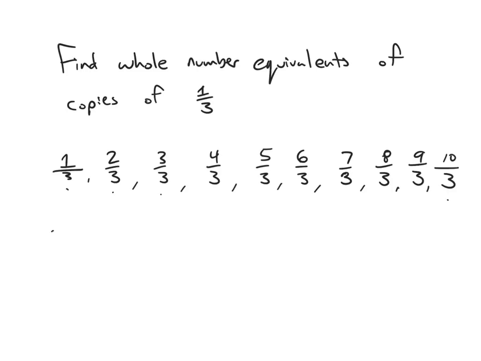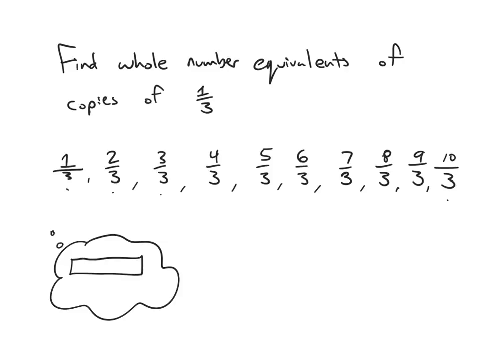So for example, in my head I'm thinking, how many thirds is going to equal 1 whole? I'm picturing a tape diagram in my head. And if this is 1 whole, it's going to be 1, 2, 3 thirds that equals one whole. So I know that 3 thirds is going to equal 1 whole.